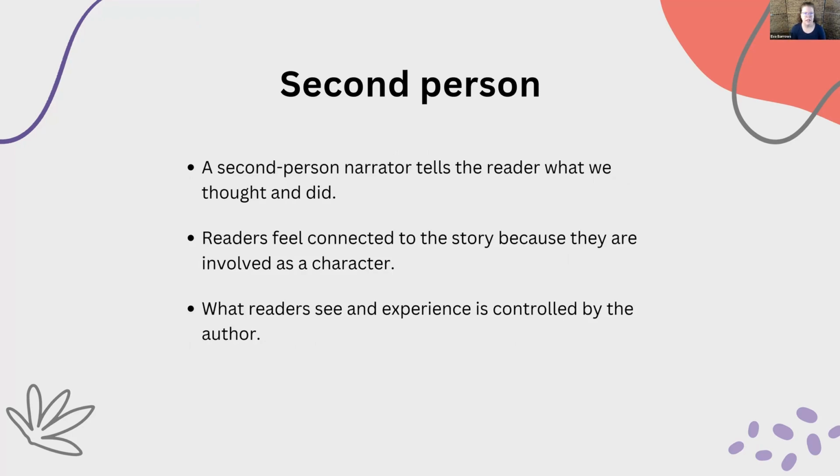Second person narration tells the reader what we thought and did, and the reader feels connected to the story because they are involved as a character. What the readers see and experience is controlled by the author.